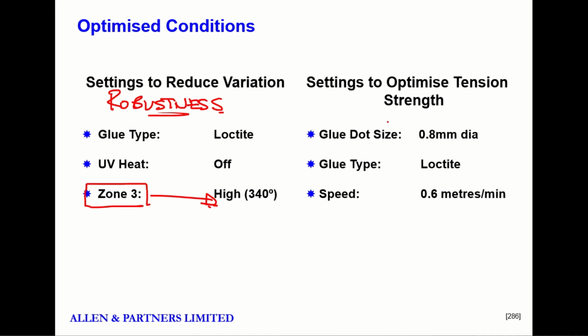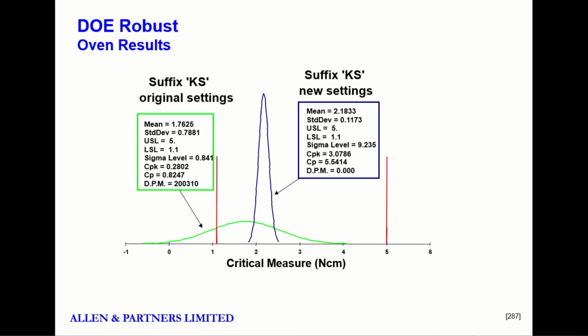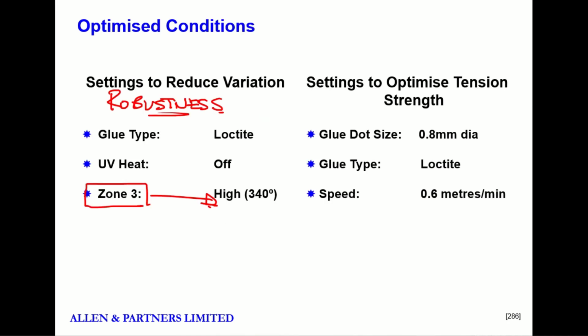In order to optimize the strength, in other words, to push that distribution as far to the right as we could, the three variables that did that were the glue dot size. So in other words, if you put more glue down, you get a stronger bond.